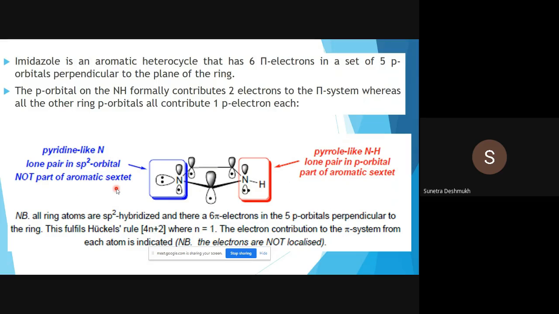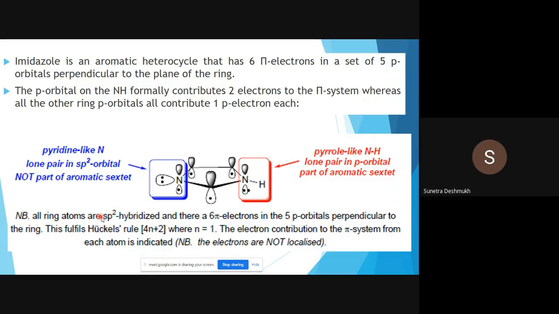So this is the difference between these two nitrogen atoms present in imidazole. Same thing we can apply in the case of pyrazole. In pyrazole also, one nitrogen will be pyrrole like and the other nitrogen will be pyridine like.